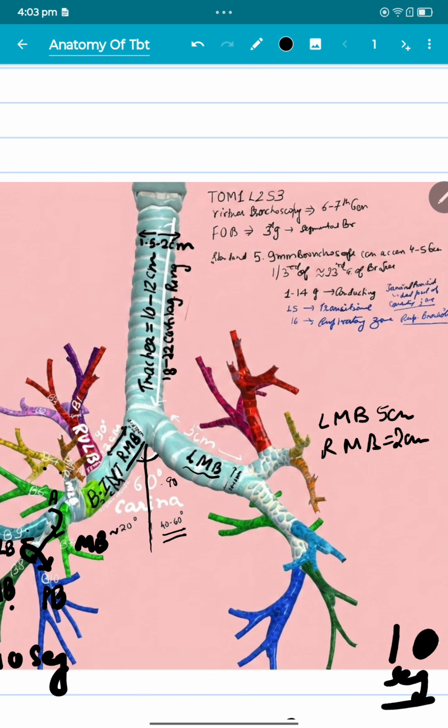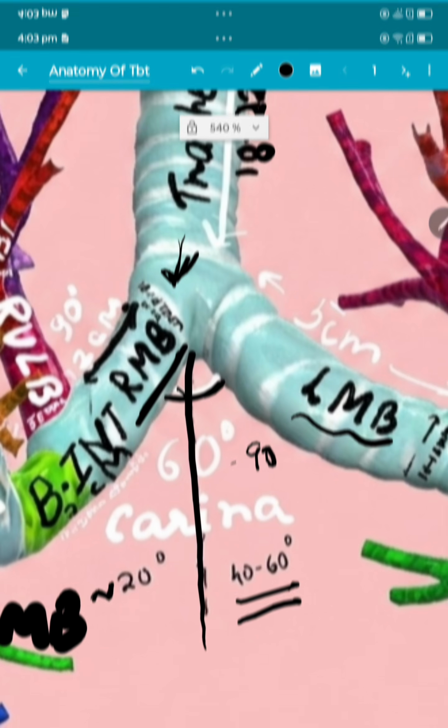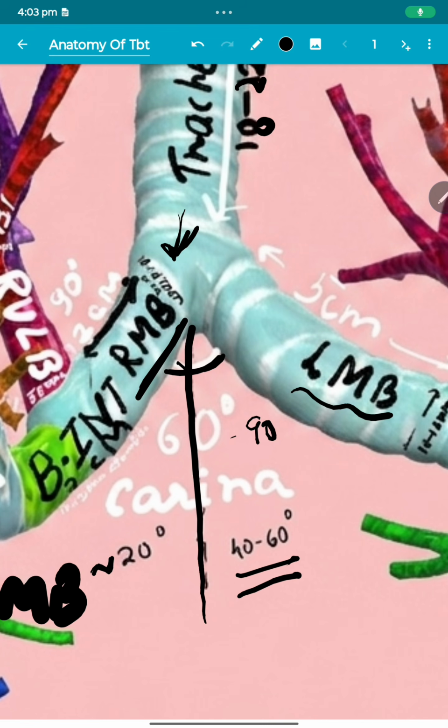So the right main bronchus is more in line with the trachea, and the angle of the right upper lobe bronchus is approximately 90 degrees with the right main bronchus.